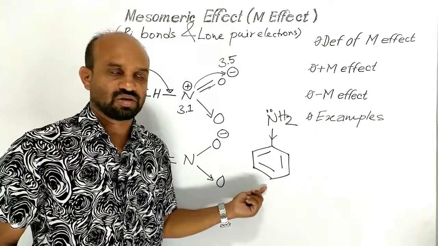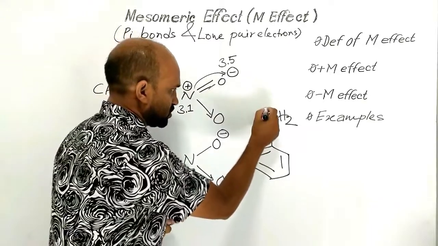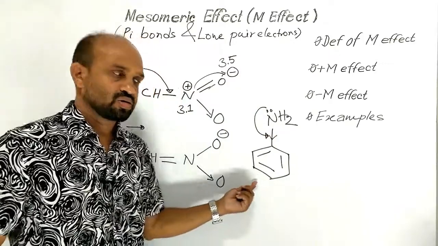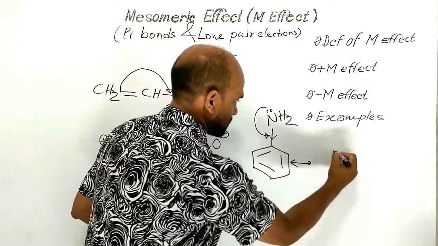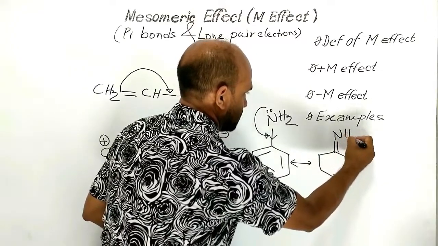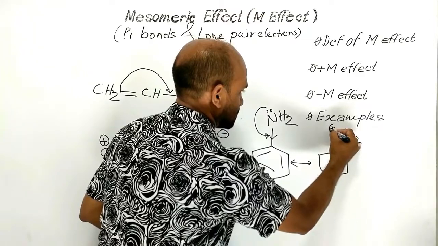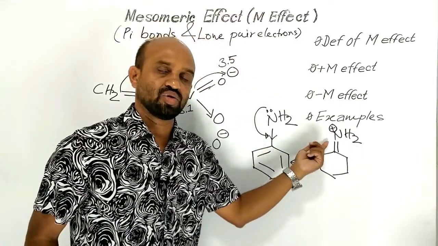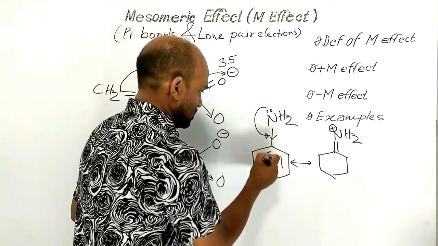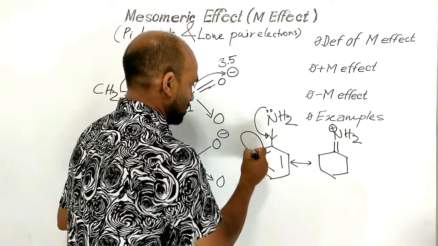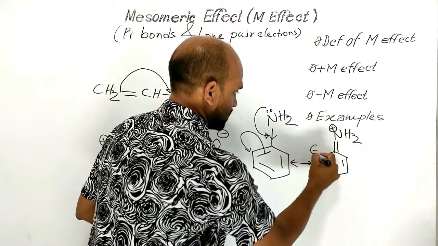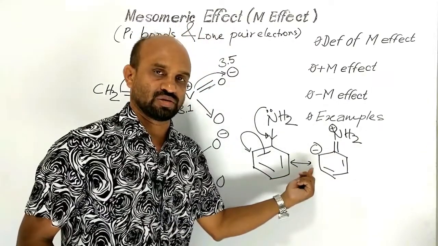Because of this nature, amino group donates its electron pair to form a double bond here, and positive charge is created over nitrogen. At the same time, these pi bonding electrons move over this carbon. That is why this carbon becomes negatively charged.